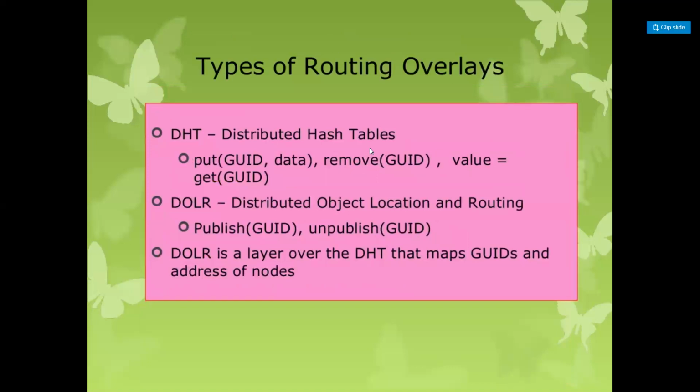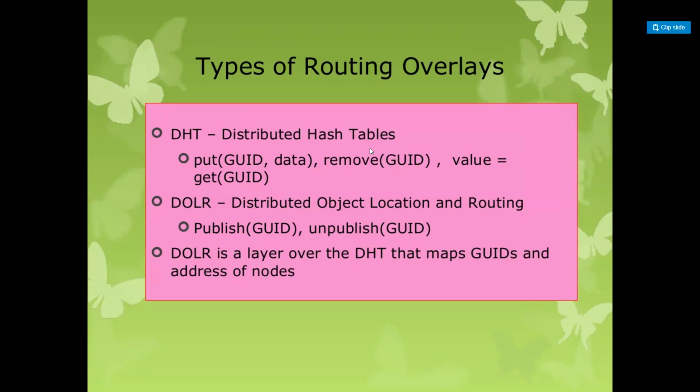Types of routing overlays. Here we have the DHT type, that is distributed hash tables. In this we have the methods put(GUID, value) and get(GUID). Next, the second one is DOLR, that is distributed object location and routing.